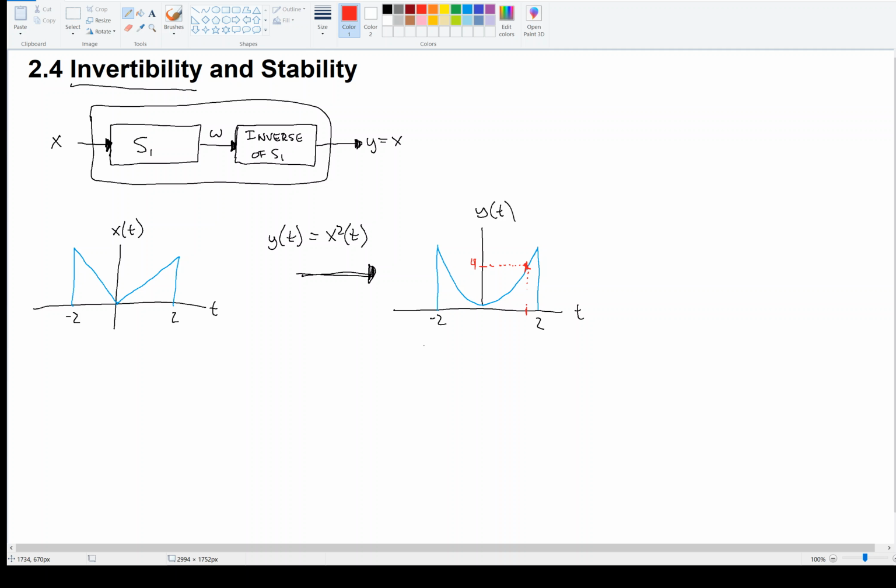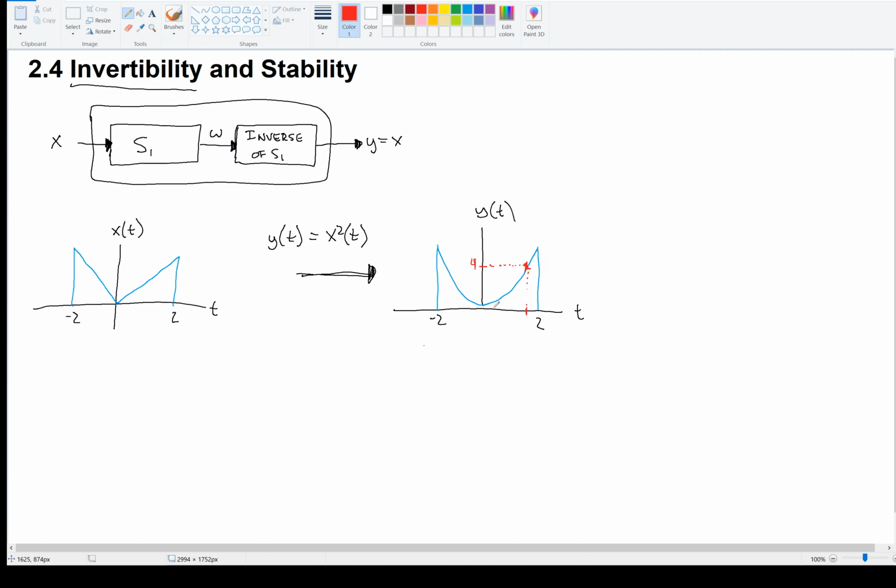In order to be invertible, then, I need to get back the original signal. So now pretend you do not know what x is, and you just observe y. Can you get back the original signal given y? Well, no, you can't.